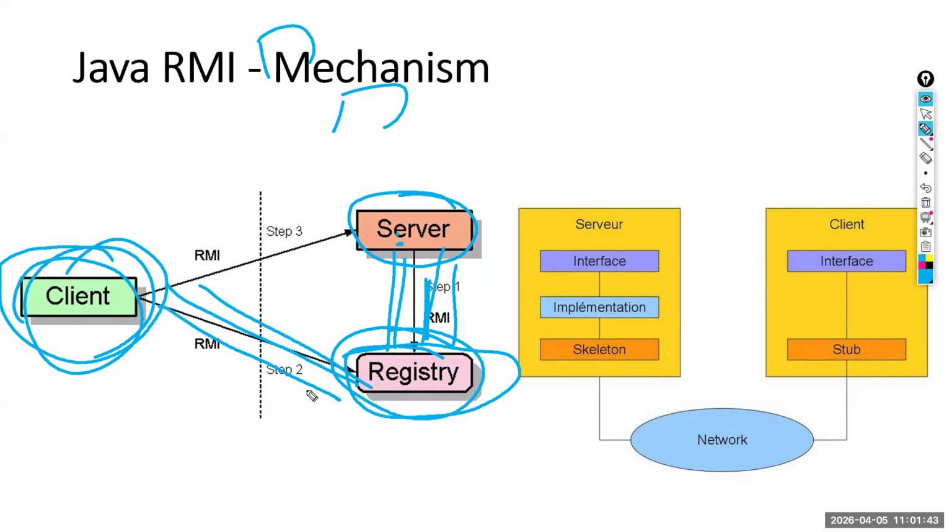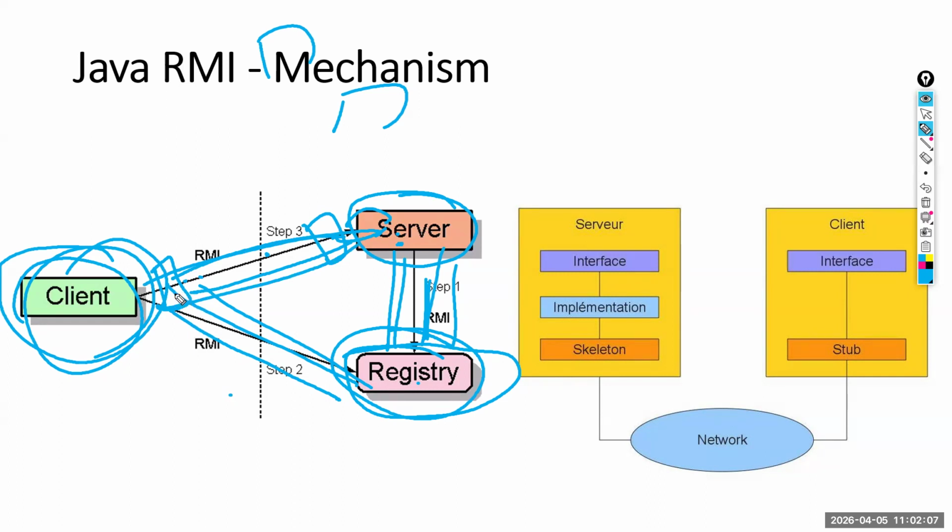And if that particular method is available, it will say yes, it's available. So then the client can directly call the server through the skeleton. Then the skeleton calls the stubs and the stubs call the server, and so on. But once you locate the procedure from the registry, that's it. Then the client directly calls the server through the skeletons and stubs.